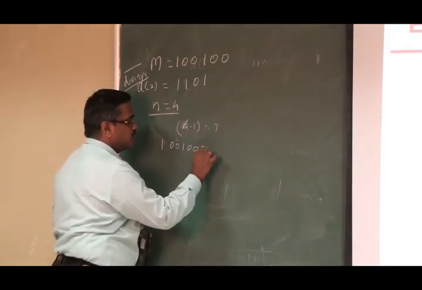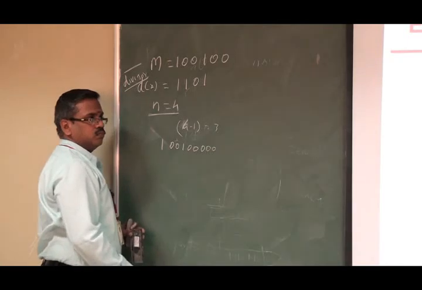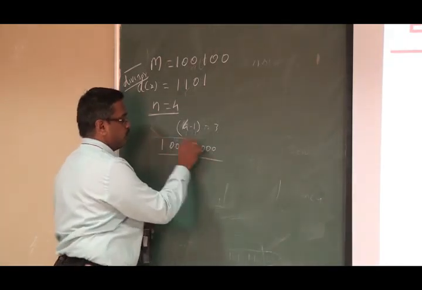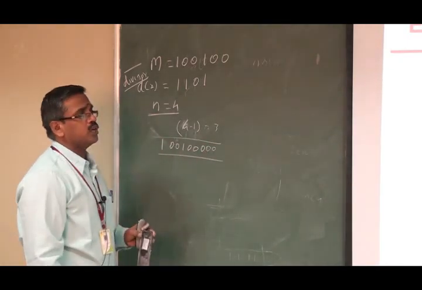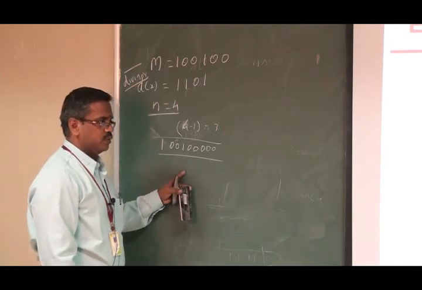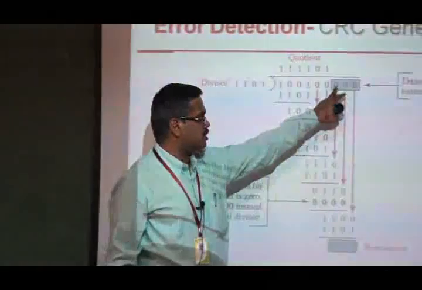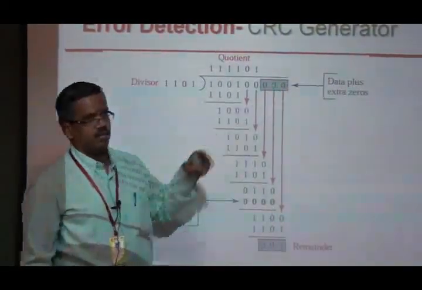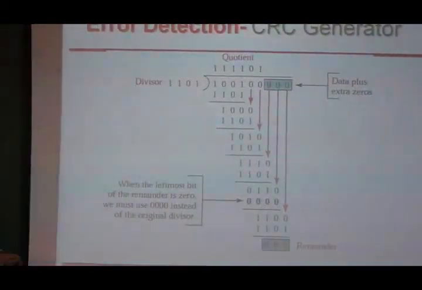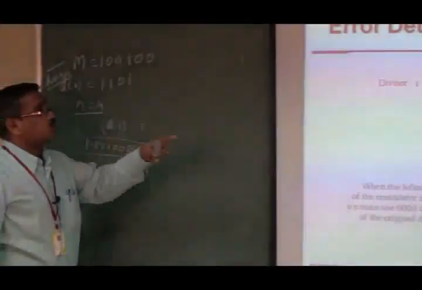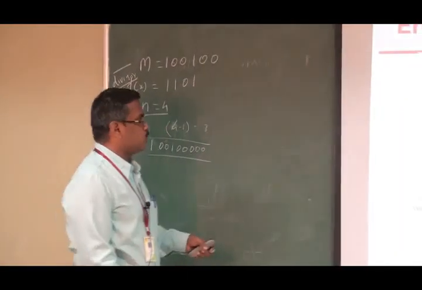So you need to add 3 zeros. This is the message we are going to perform the division on, as you can see in the slide: data plus 3 extra zeros. Here you can perform the modulo 2 division.